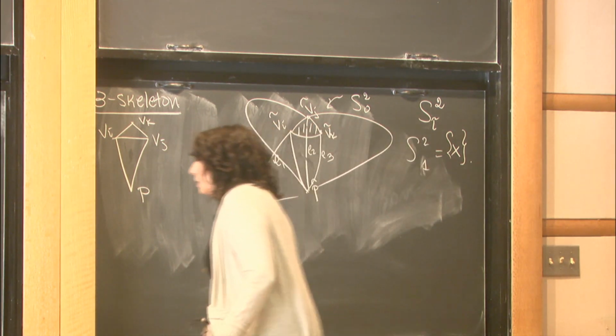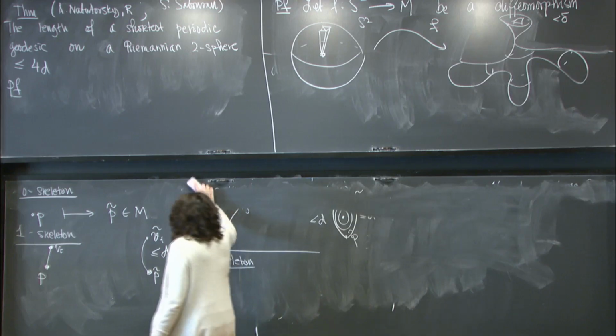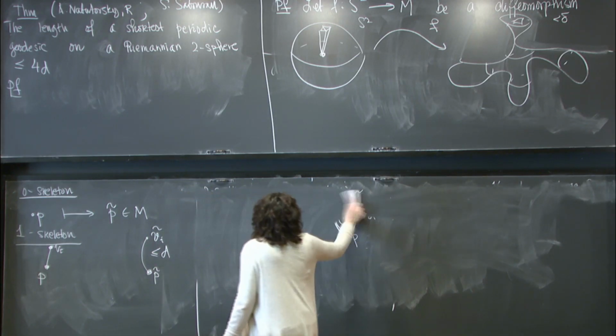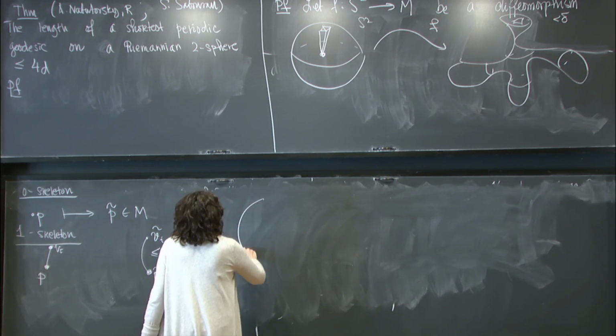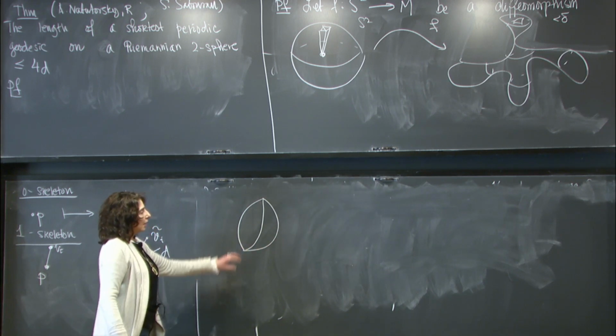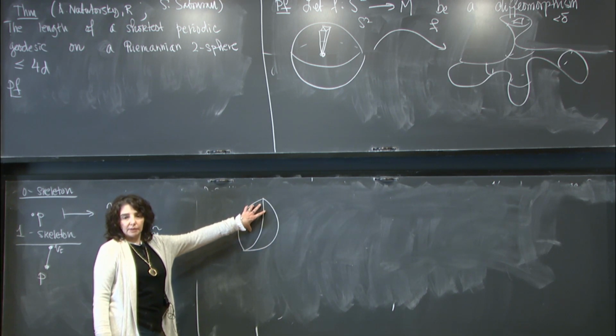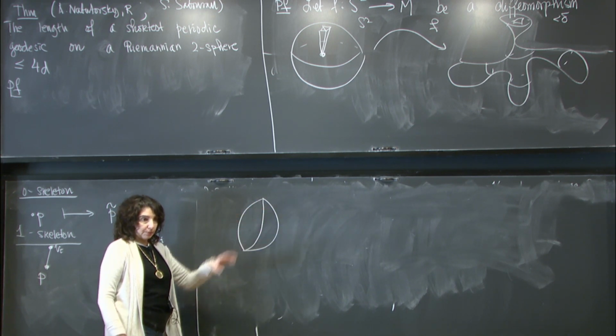So what I imagine is I have something like this. I have something that I build from a 1-skeleton, from a net, by contracting each pair of curves.